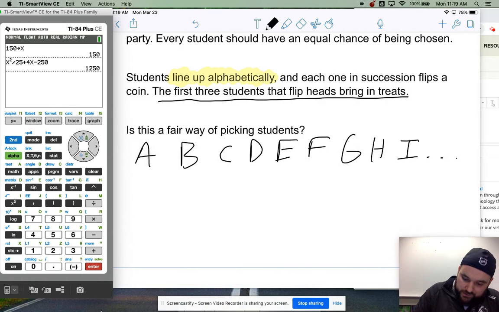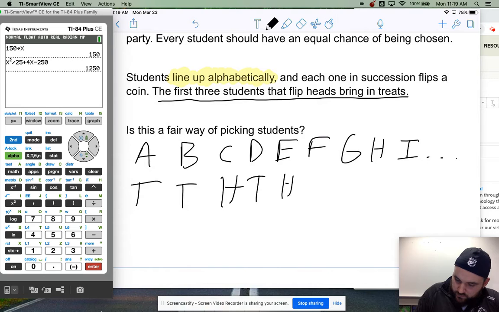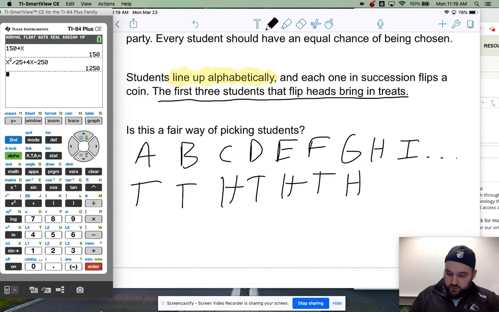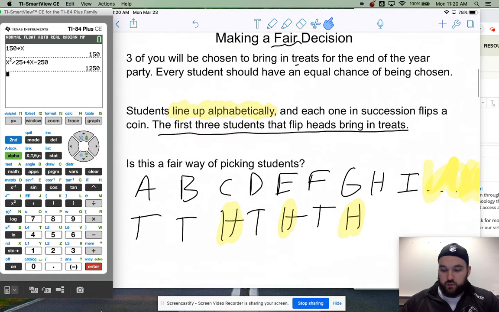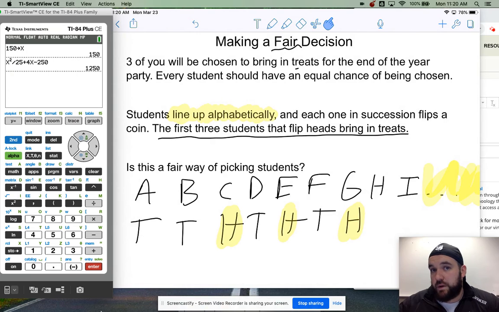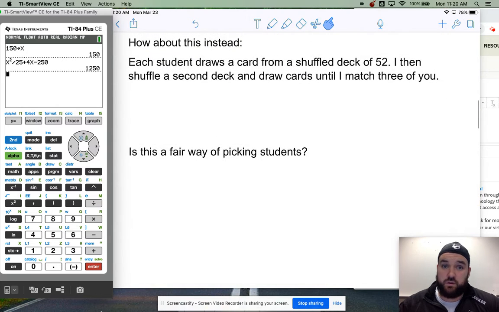Well, let's say just randomly it falls like this, right? That's not fair because none of these people down the line had to even flip the coin because 1, 2, 3 people before them flipped heads. So lining up alphabetically and flipping a coin is not a fair way to make a decision.